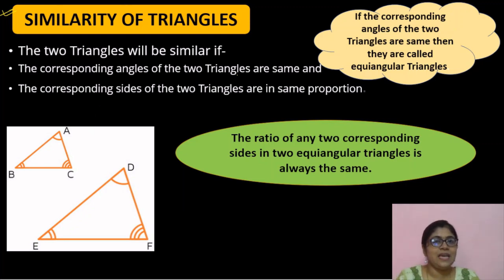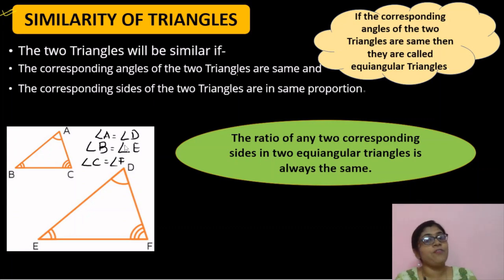Here you can see in the example, triangle ABC and triangle DEF, angle A equals angle D, angle B equals angle E, and angle C equals angle F. So, if all three angles of one triangle equal all three angles of the other triangle, then those two triangles are known as equiangular triangles.